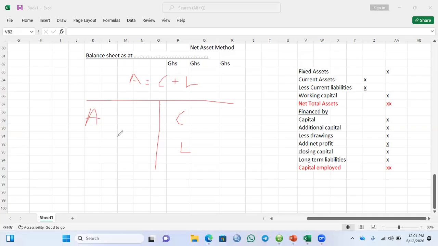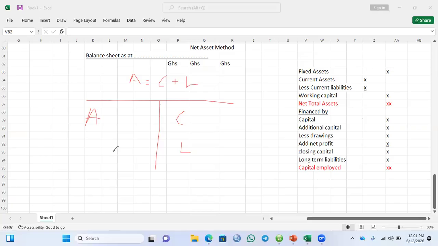Now, if you look at this method I've demonstrated, somebody can decide to bring the fixed asset, current asset, less current liabilities to one side and then bring the financing to the other side. It doesn't matter.